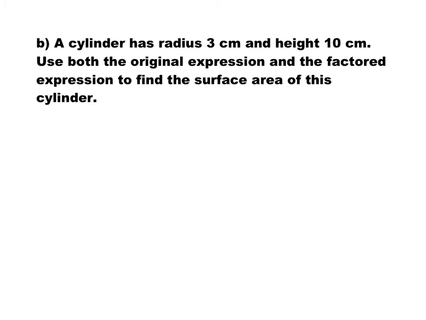The next part of the question says a cylinder has a radius of 3, so r is 3, and the height of 10. Now we are going to write the original formula before factoring. SA is equal to 2 pi r squared plus 2 pi rh.